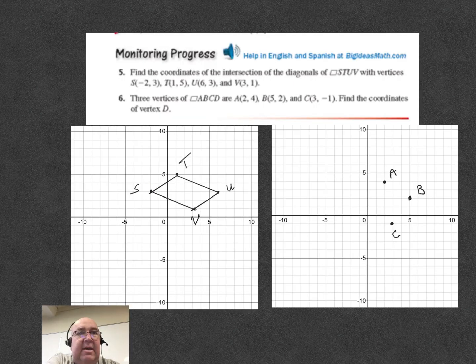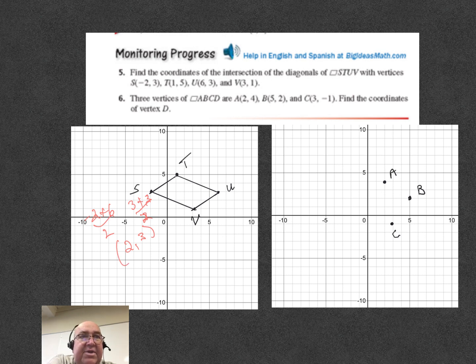So again, we want to find the intersection of our diagonals. So we're going to have negative 2 plus 6 divided by 2, and 3 plus 3 divided by 2. And we're going to get 2 and 3.